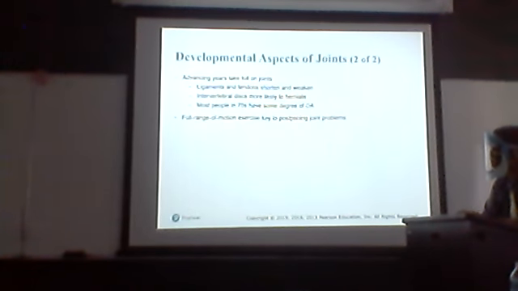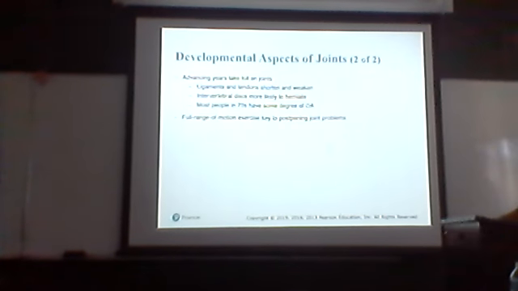And full range of motion exercise is the key to postponing joint problems. So exercise, but not normal exercise, stretching exercise, where you're pushing the joint as far as it can go. That keeps the joint from locking up. Does this make sense?